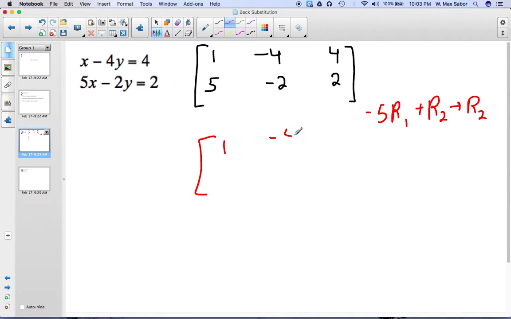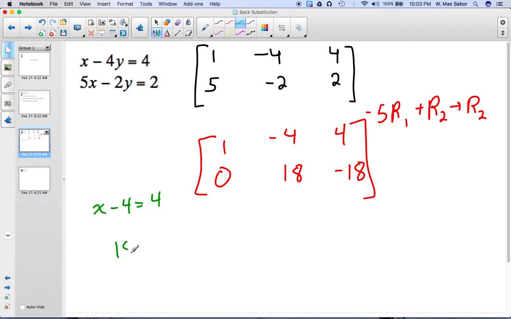So 1, -5, 4, 4, 0, 18, -18. Now, the claim is let's just write it as x minus 4y equals 4, and 18y equals -18.